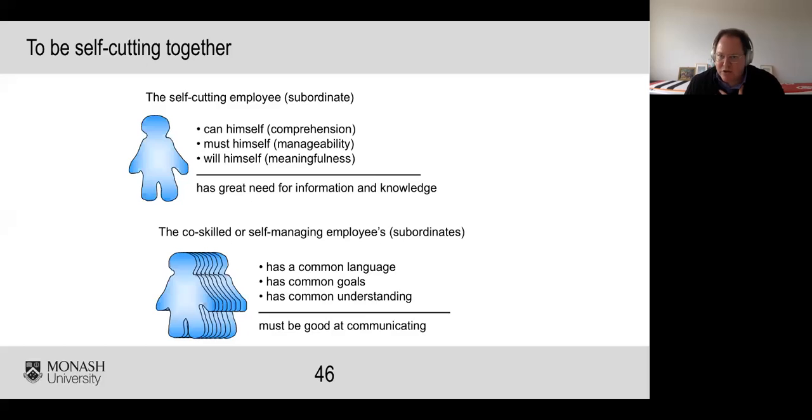So you have to be able to converse your specialist expertise to your other team members. And you have to be able to relate to the goal of the project and communicate how you can contribute to that, and have a similar understanding of what the overall goal is. Which means they have to be really good at communicating.